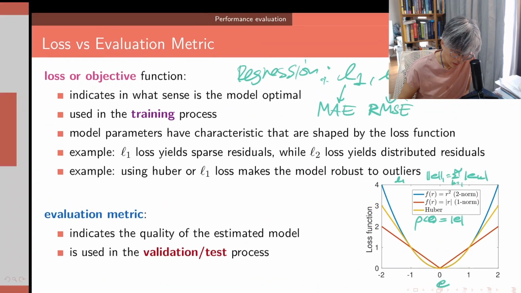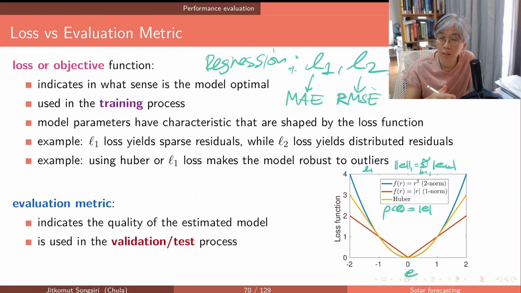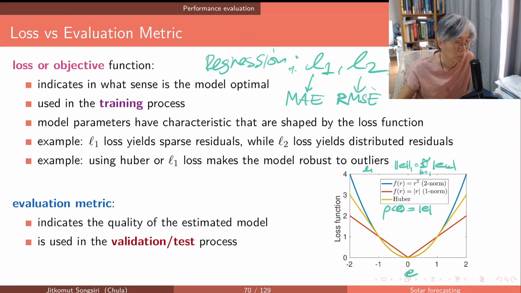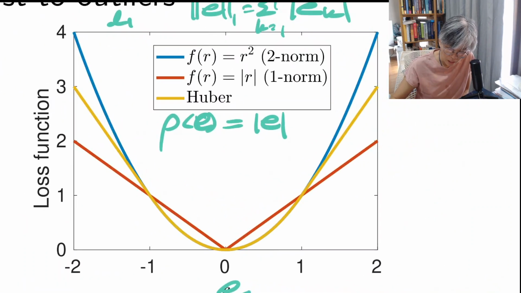So choosing an appropriate loss depends on your purpose of training the model. If you want to penalize the residual error more in a very higher degree, you can pick the 2 norm or the MSE.